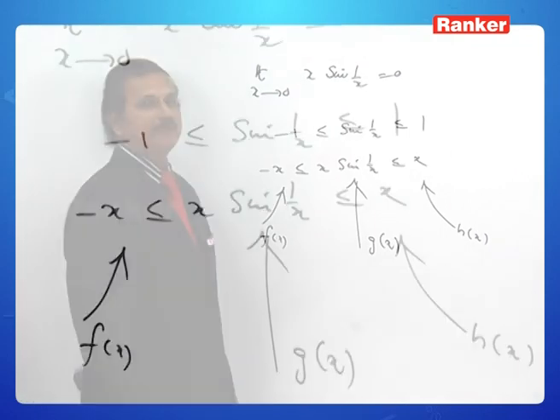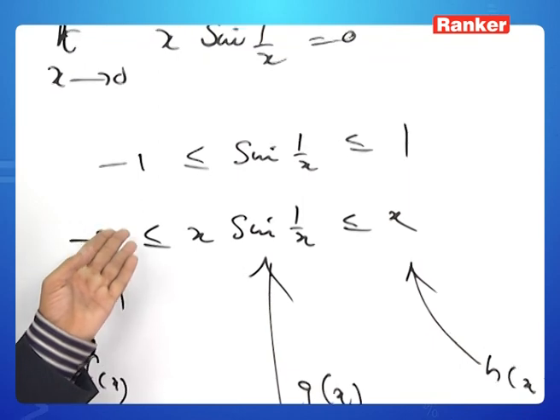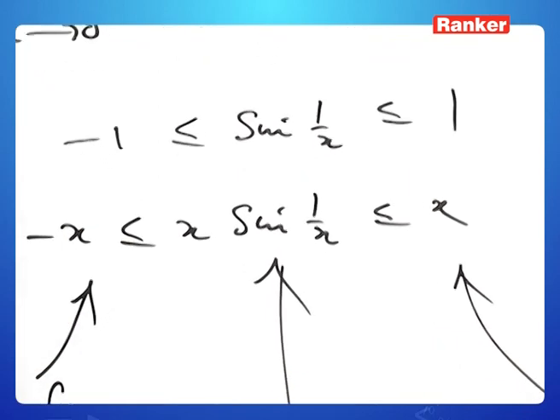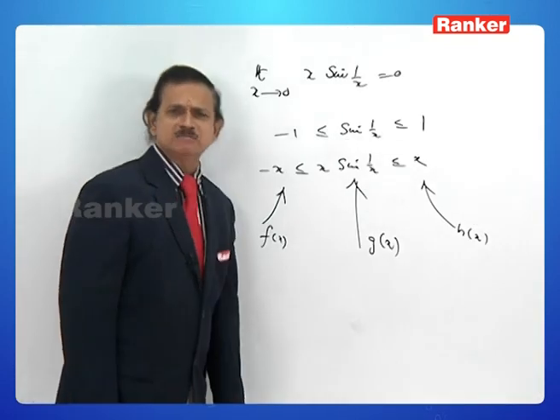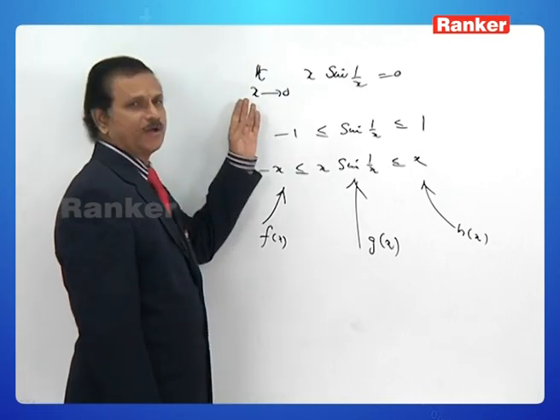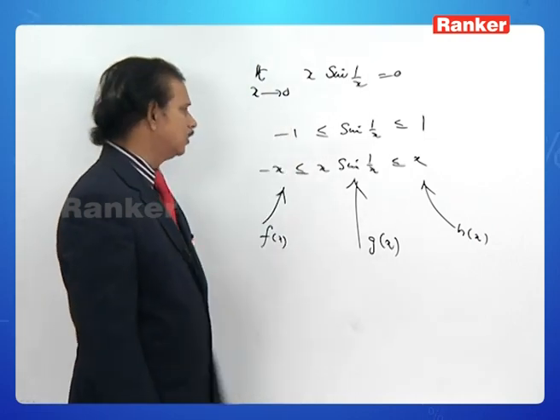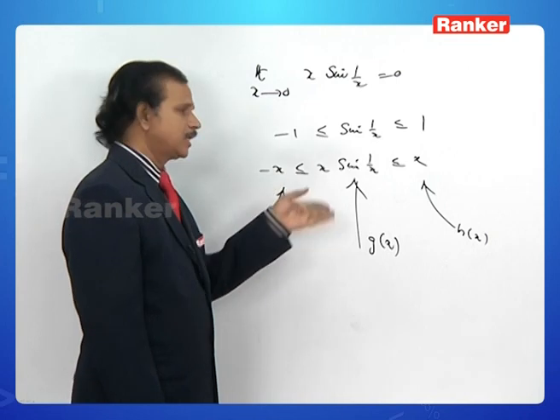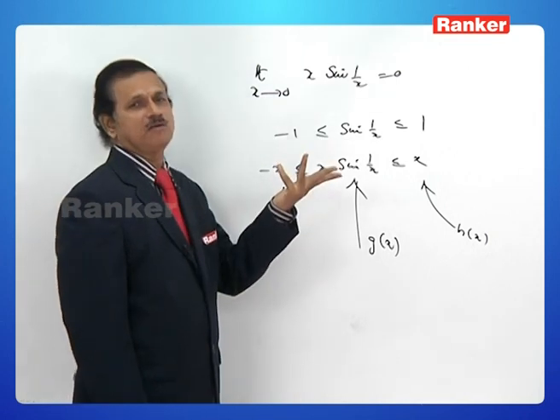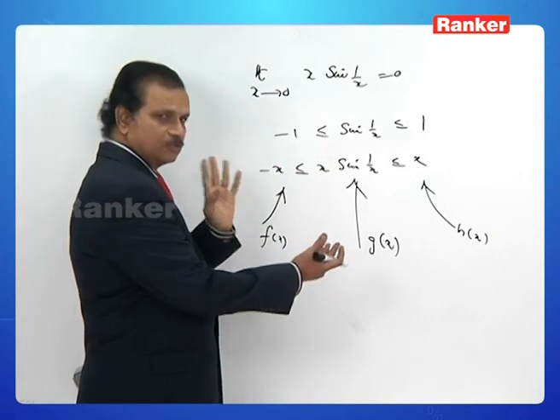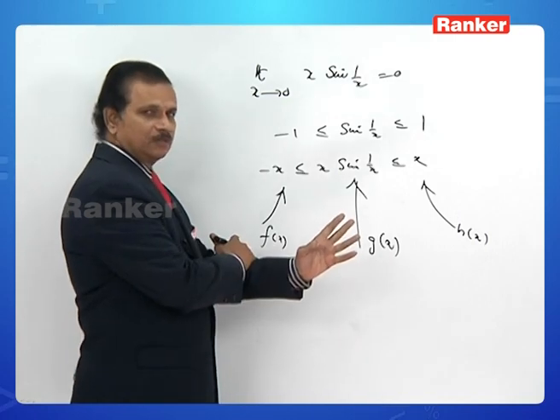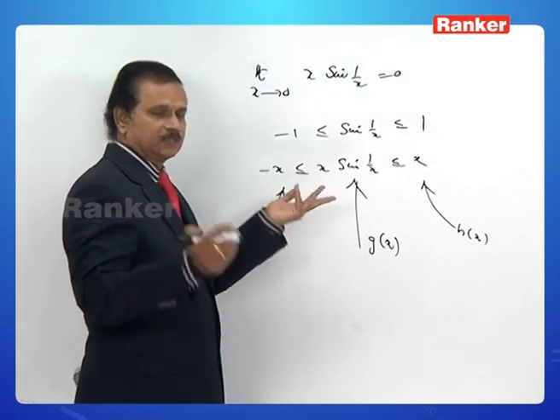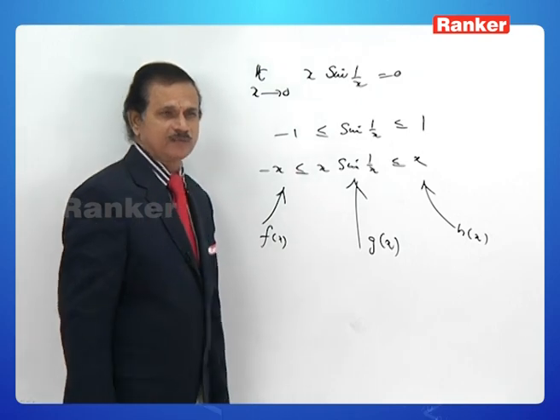Of course, we are able to have this step by assuming that x is positive. Even if you assume x is less than 0, that is, if you want to find the left hand limit, then also minus x is greater than or equal to x sine 1 by x is greater than or equal to x. Just reverse the names of f of x and h of x. It makes no difference at all.